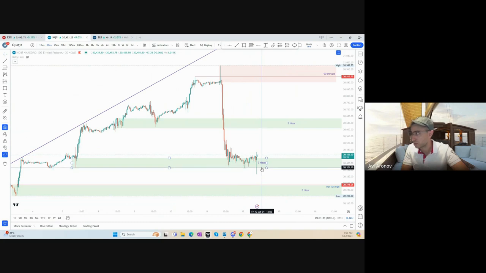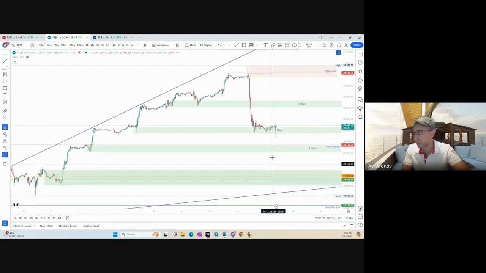And I will be playing short towards here. In this area, I would take profits. I would play probably 4 to 6 lots, okay, micros, that I will play towards here.